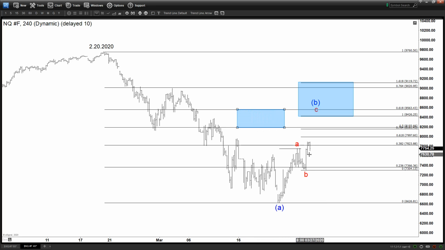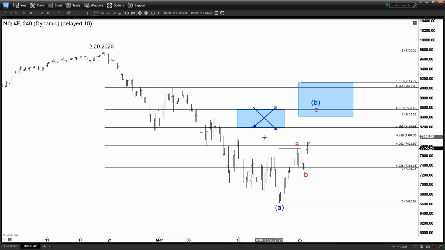So this C leg therefore needs to subdivide into 5 waves. We have not reached the 50%, which is also a technical level that a lot of people usually watch, right? So just in case the rally fails to reach the 100%, then I would say, generally speaking, this is also an important area in which people are looking.